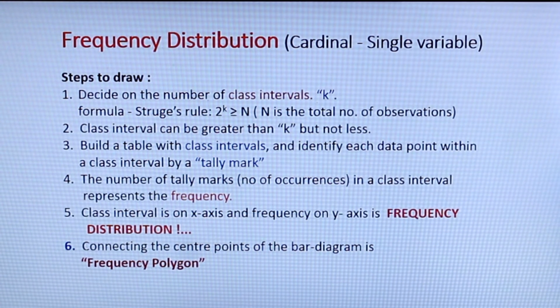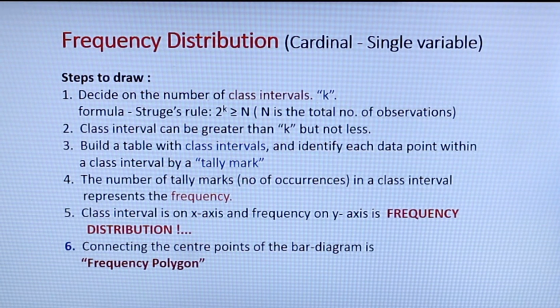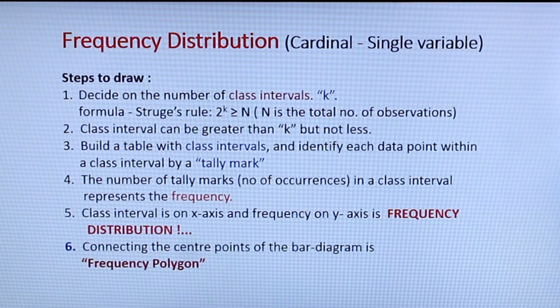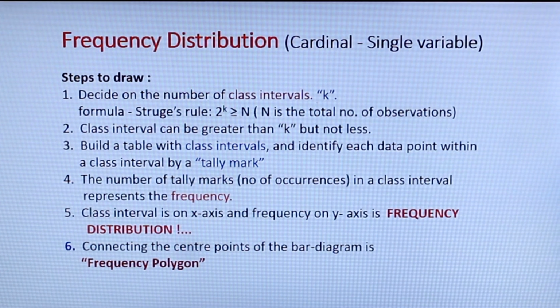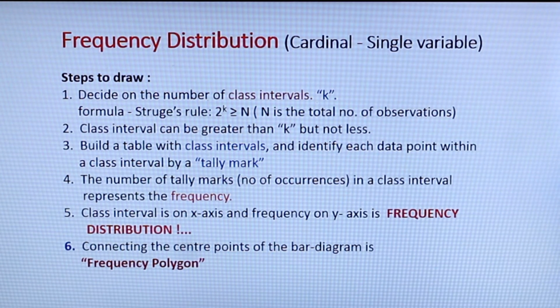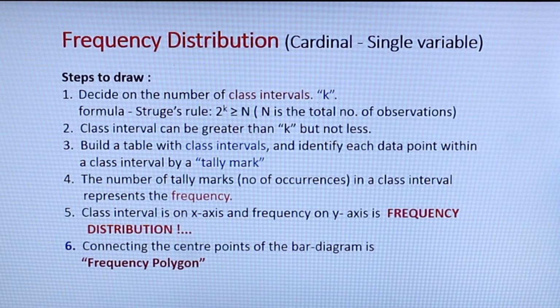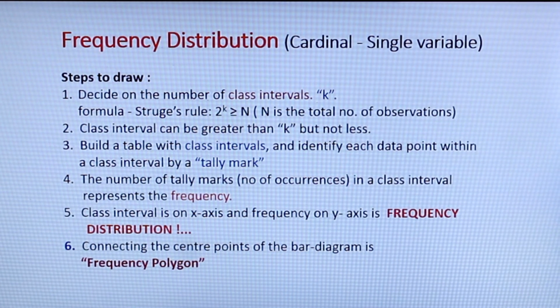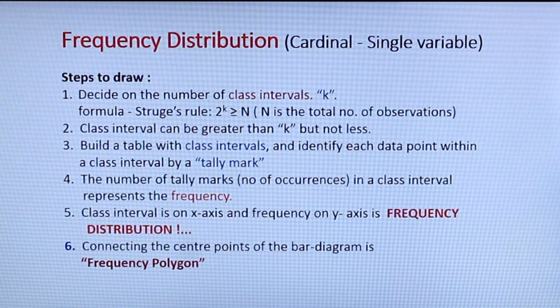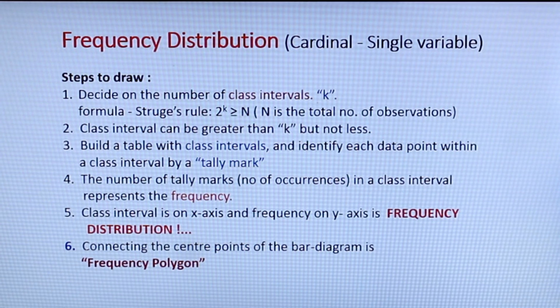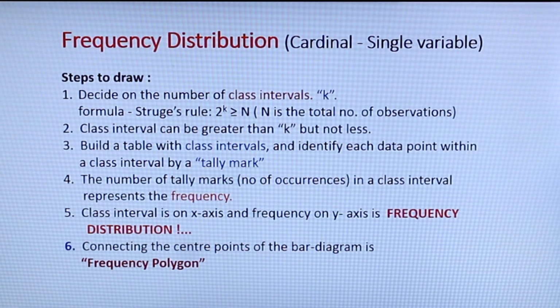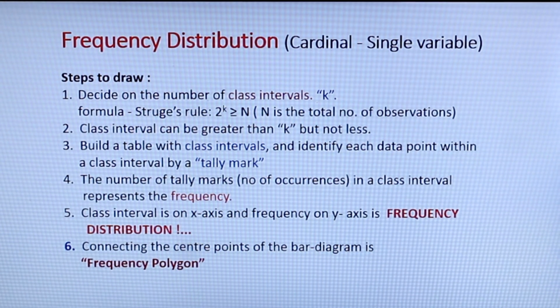The steps are: decide the number of class intervals. The rule is 2 to the power k should be greater than or equal to n to arrive at the class interval, and k can be more. The class interval can be more than this. For example, if you have 30 data elements, 2 to the power k should be greater than 30. So that is the way you arrive at the class interval.